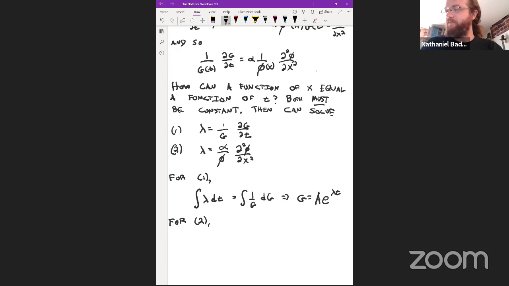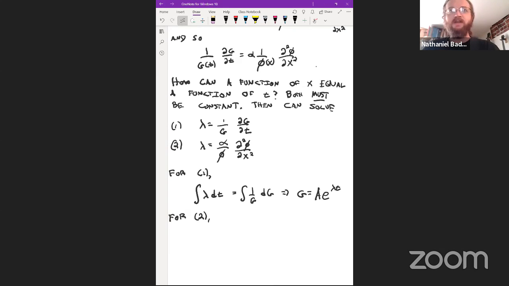For 2, okay, this is a little bit more difficult, but we can just use our theory of higher order differential equations, right? So we're just going to rewrite this as alpha phi double prime minus lambda phi equals 0.